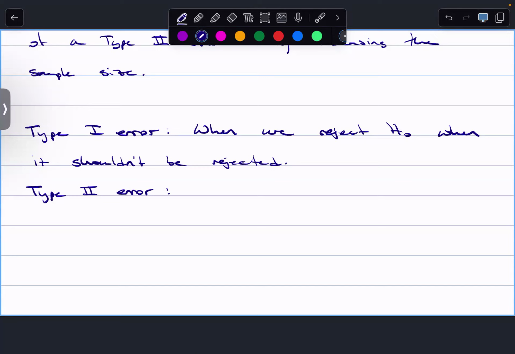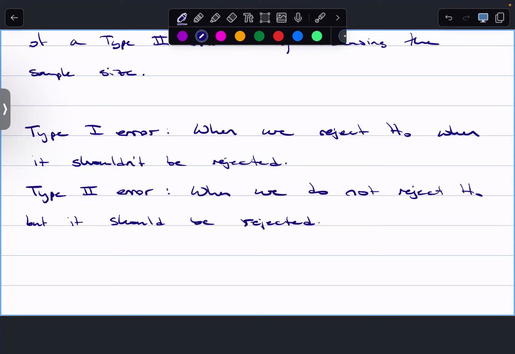So a type 2 error is when we do not reject H0, but it should be rejected. In the courtroom situation, that would be the same as saying, yeah, this person is innocent when they are not, right?